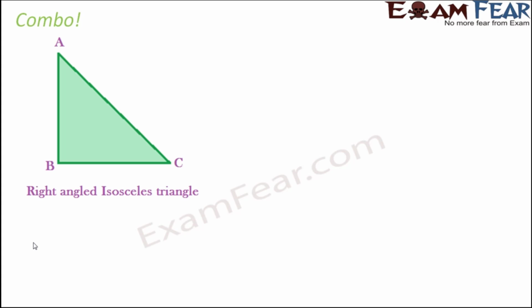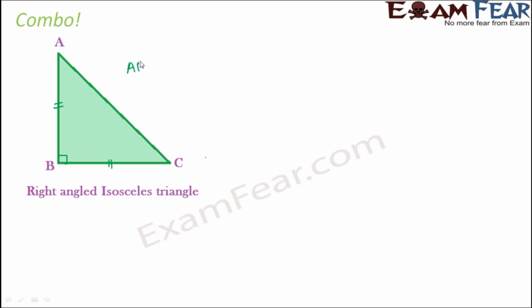For example, a right-angled triangle can also be an isosceles triangle, because, let's take this example. This is a right-angled triangle. Why? Because there is one angle which is equal to 90 degree. So therefore, we have one angle as 90 degree. But at the same time, in the same triangle, we also see another property, that the length of this side BC is equal to the length of this side AB.